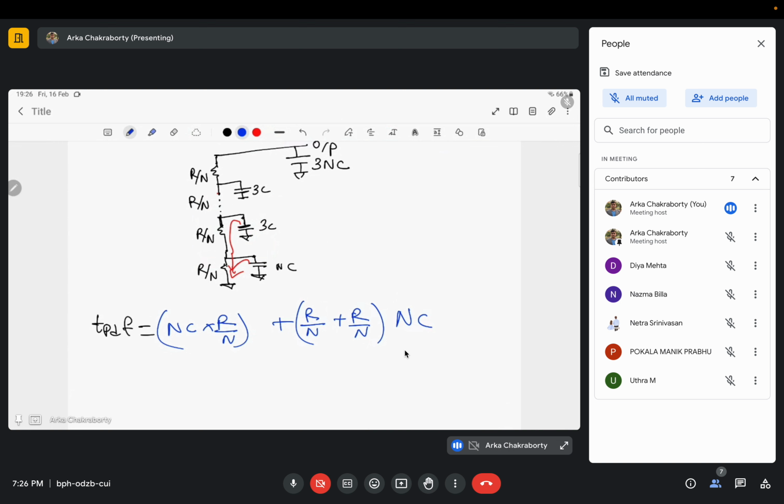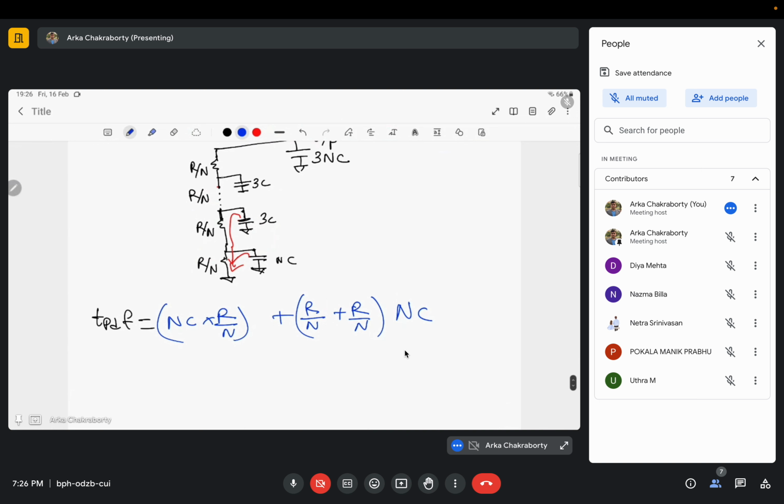Correct? Third one would be R by n plus R by n plus R by n, 3 times, into NC. This one would be how much? Until this one. So it should be plus dot dot dot plus how much? It would be n minus 1 R by n into NC.